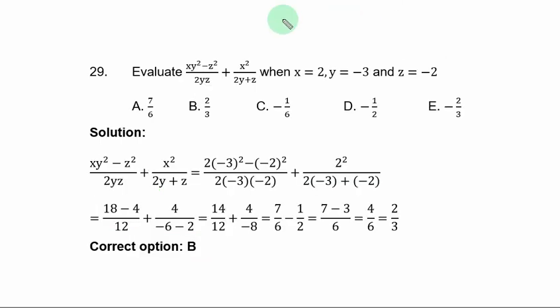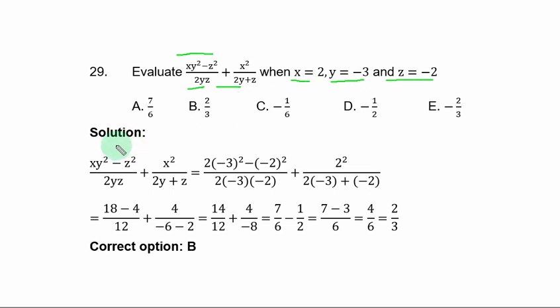Question 29. Evaluate s y squared minus z squared over 2yz plus s squared over 2y plus z when s equal to 2, y equal to minus 3, z equal to minus 2.